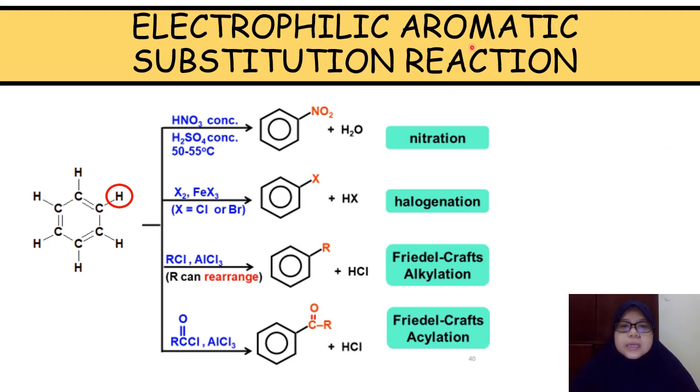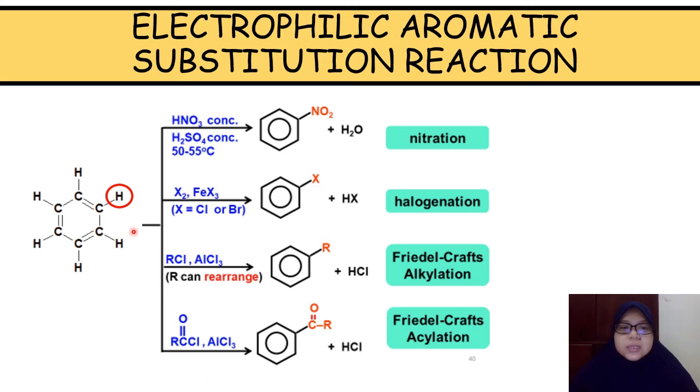And then in the electrophilic aromatic substitution reaction, we have four reactions, which are nitration, halogenation, Friedel-Crafts alkylation, and Friedel-Crafts acylation. We know that each carbon in the aromatic ring in benzene has one hydrogen.